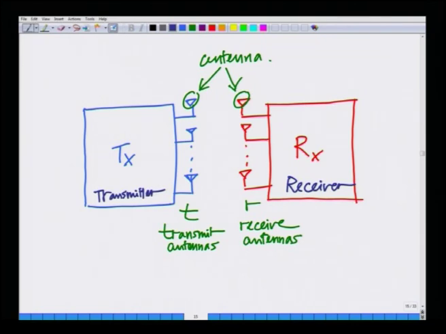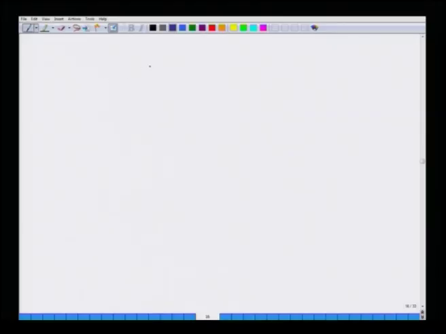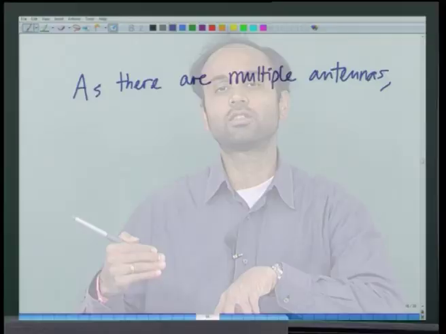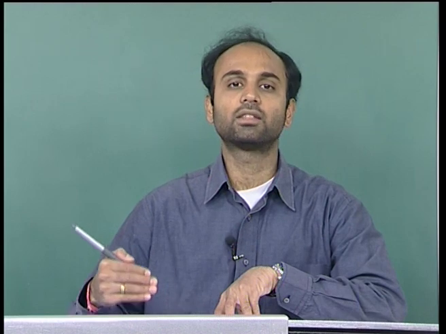Now, as we have already seen before, in the case of receive diversity, that is, a system which has multiple receive antennas, having more antennas provides diversity in the system. We simply said multiple antennas means multiple links, hence more robustness to fading, hence it leads to diversity.